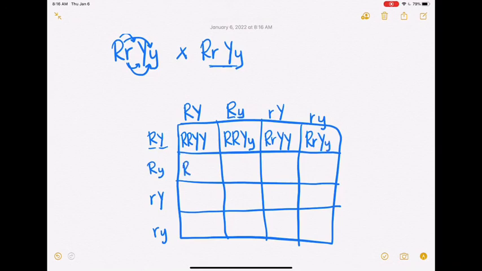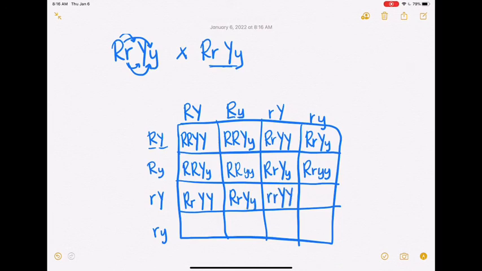It's a little bit time consuming. Make sure you're practicing this at home as well.